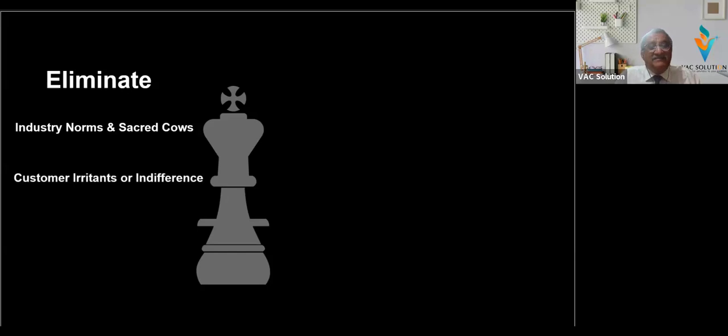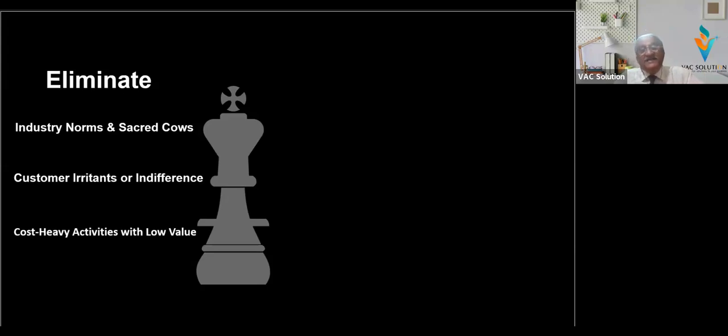Second, customer irritants and indifference. There are many things which are irritants and indifference in the dominant logic, which can be reduced. Number three, cost-heavy activities with low value. What are those cost-heavy activities with very low value, which is there as a part of the dominant logic?